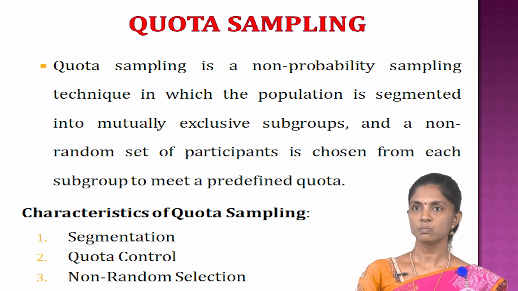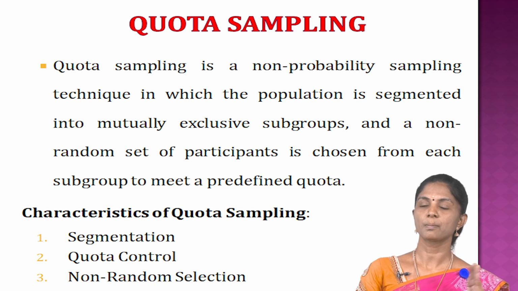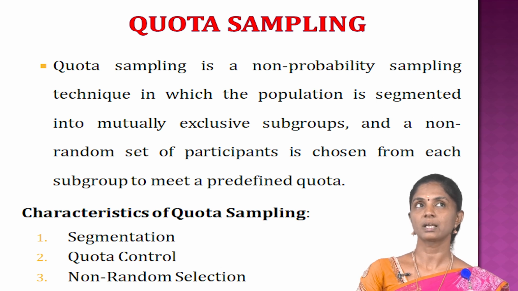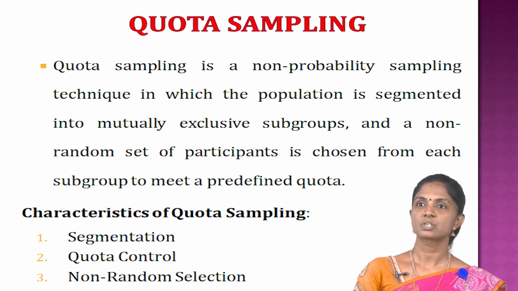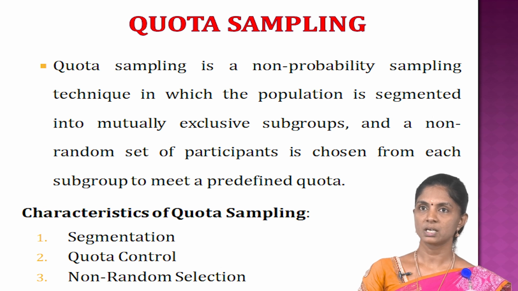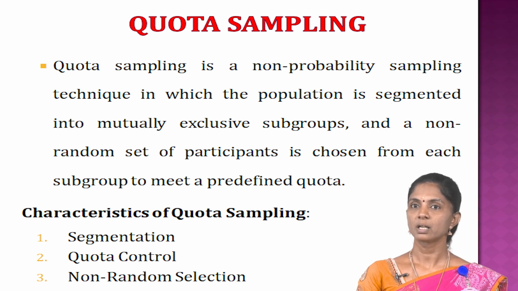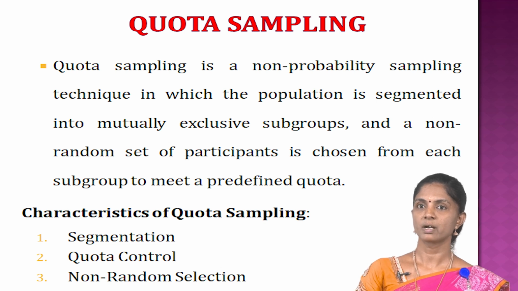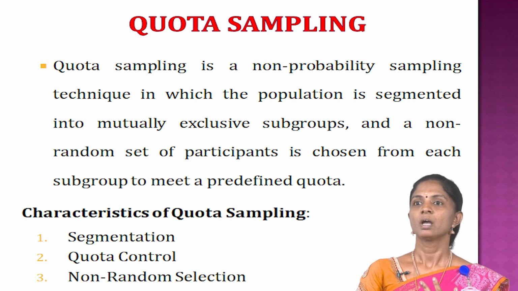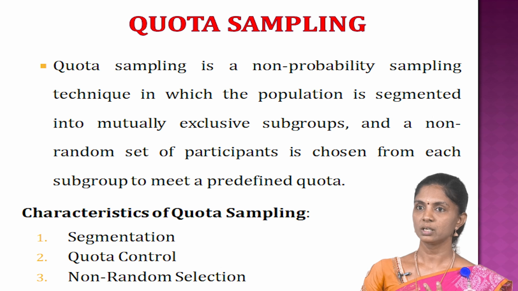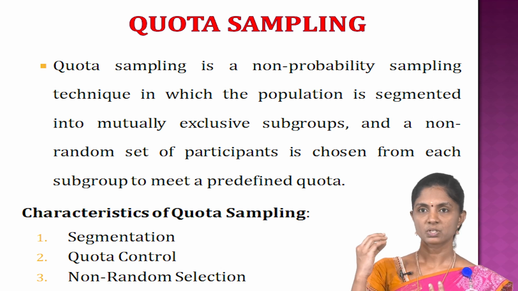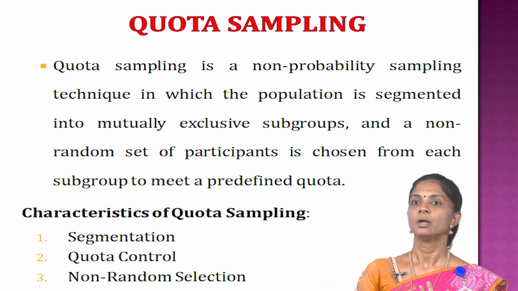This method aims to ensure that the sample represents certain characteristics of the population such as age, gender, income level or education, etc. The characteristics of quota sampling: one is segmentation, because the population is divided into distinct subgroups based on specific characteristics.